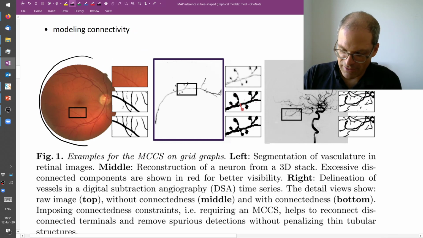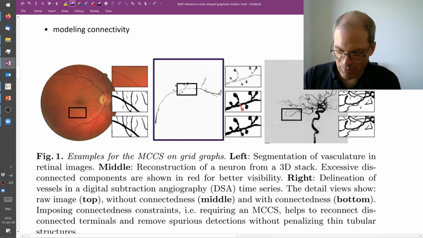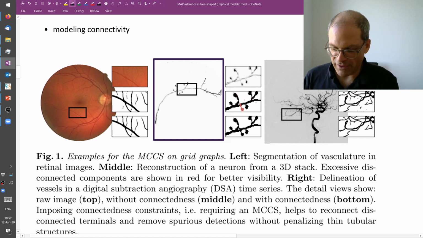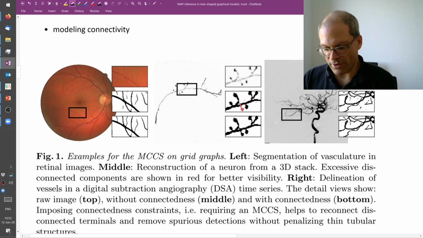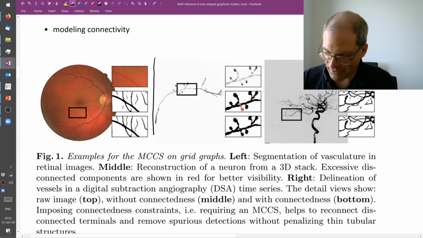For example, on the retina image, where again a tree-shaped prior was used with the information that the root node is here. And then you see the result if you just do a pixel-wise decision or if you use the tree prior, and results are better.